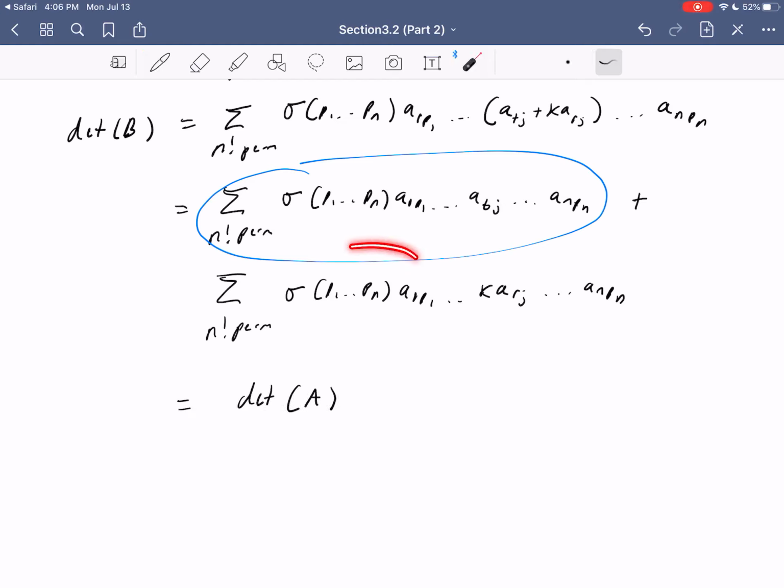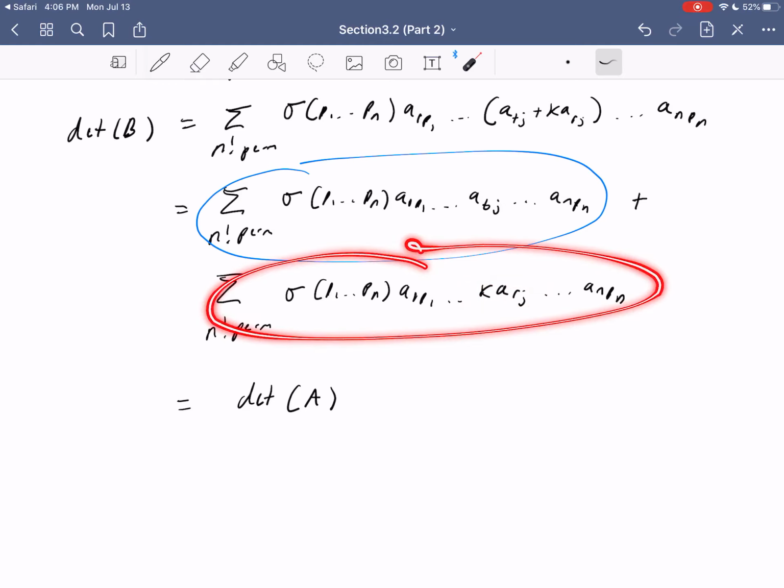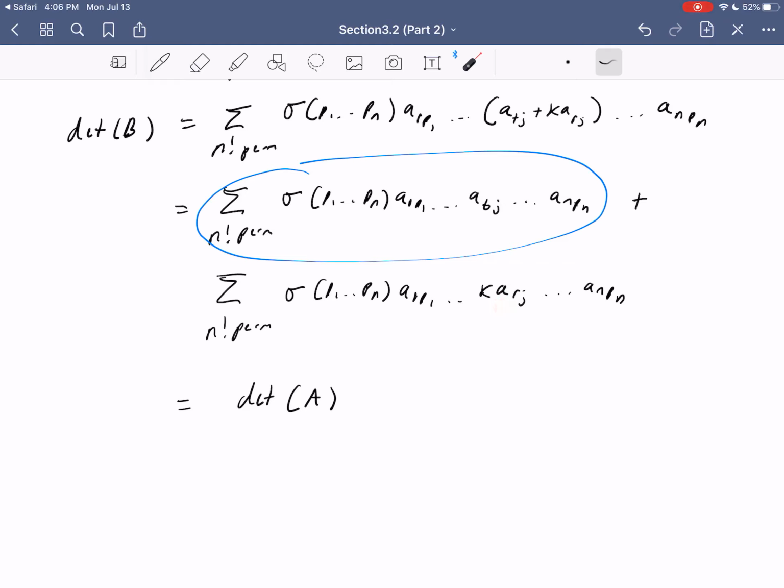But what about this one? Well, this might look like maybe we pull the k out and we get something here. But remember, this tells us that this matrix has in its teeth row a multiple of the rth row.